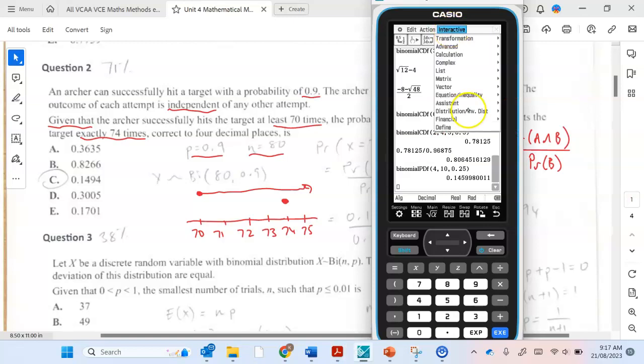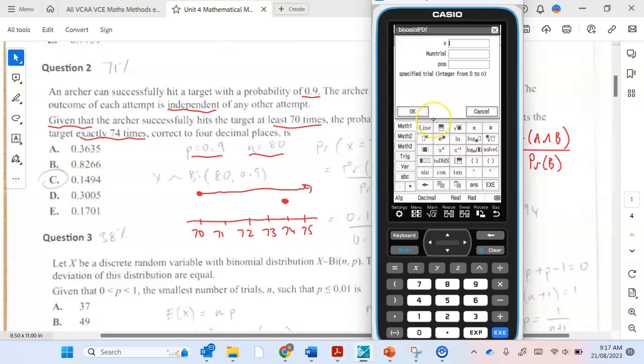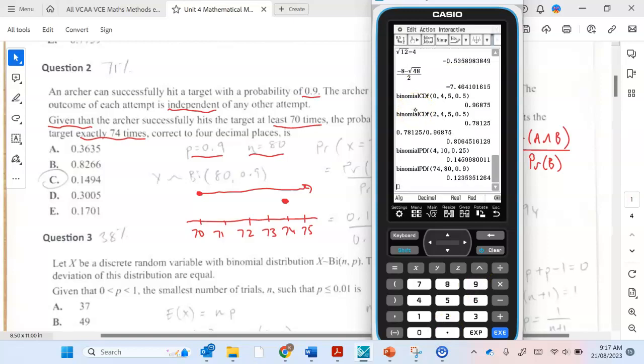Now, I'm not going to do this question if this calculator is not going to cooperate. All right, so far so good. So 74, the number of trials is 80, and the probability of success is 0.9. That's for binomial PDF, so that's for our numerator.